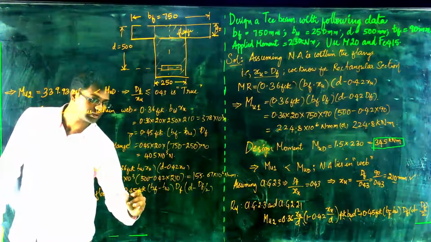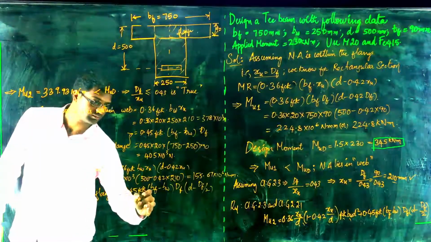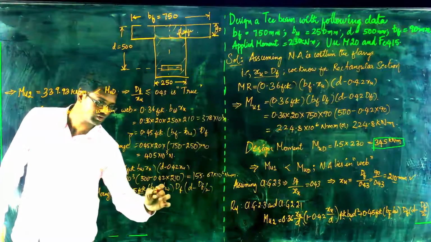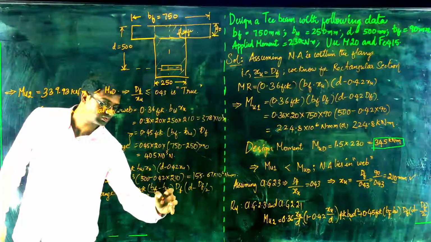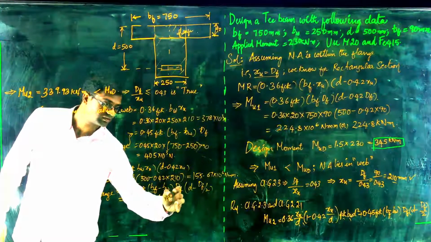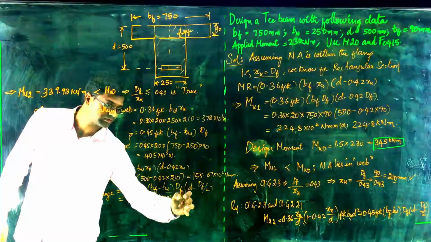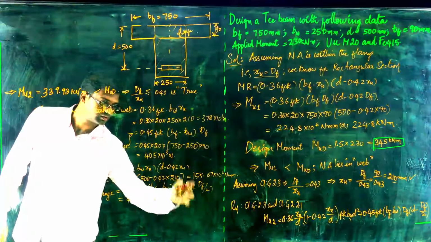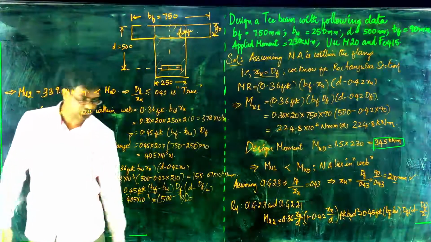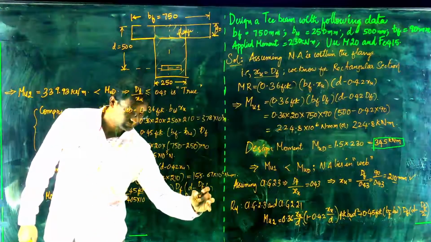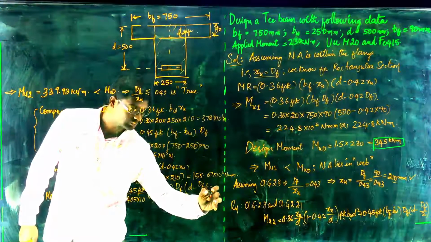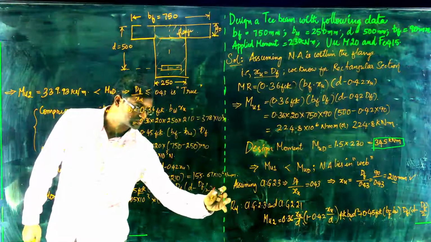This value is given by 405 into 10 power 3, this value already calculated, into (500 minus 90 by 2). This value you can calculate as 184.2 into 10 power 6 Newton mm.